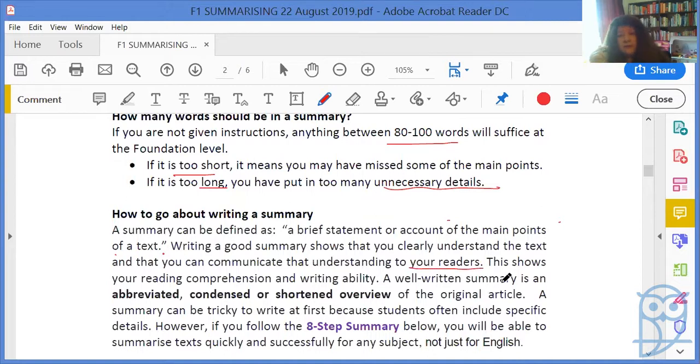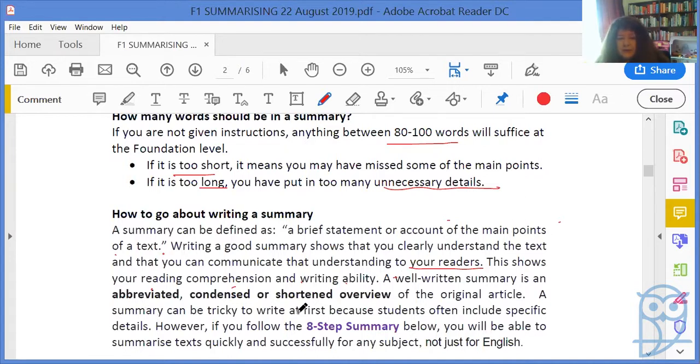So you're going to tell the examiner who's marking that summary exactly what happened, but a very condensed, short version. If you can do this, it shows your reading comprehension and writing ability is good. A well-written summary is an abbreviated, condensed, or shortened overview of the original article. That's all you're doing, breaking it down into the bare bones.